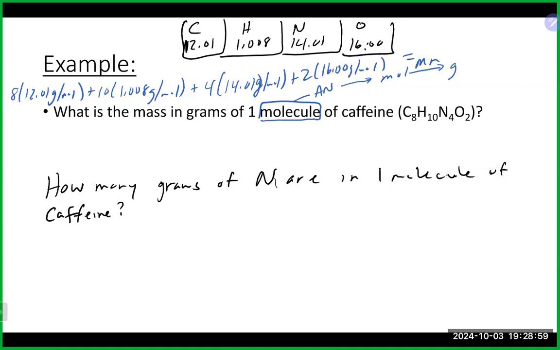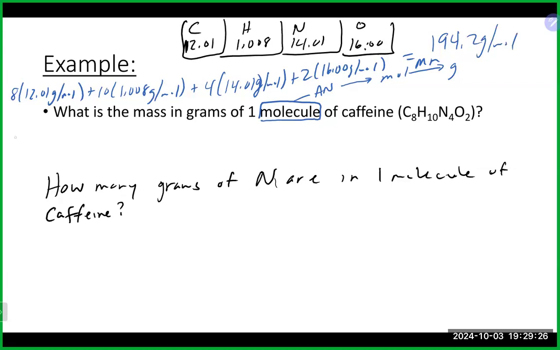So that's going to give us 194.2 grams per mole. So that's going to be our molar mass that we're going to use here.